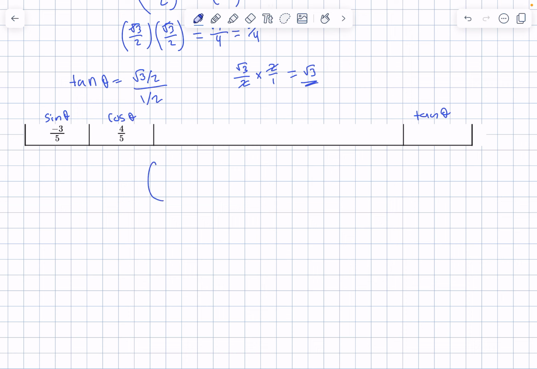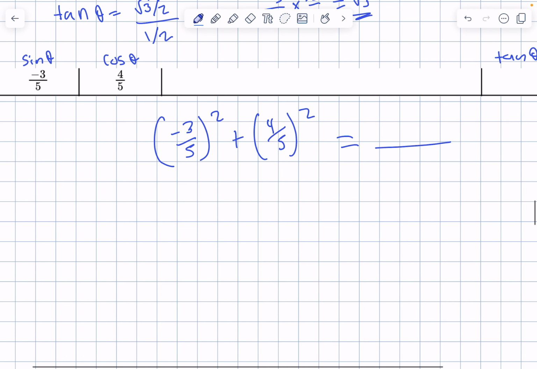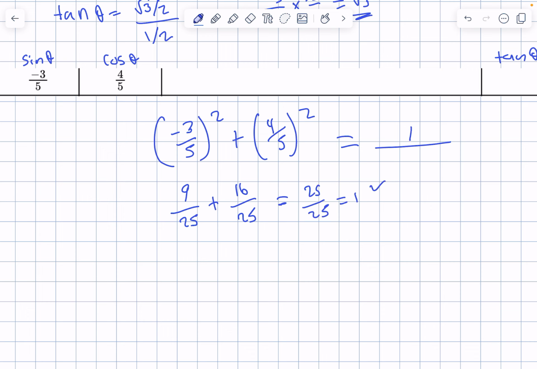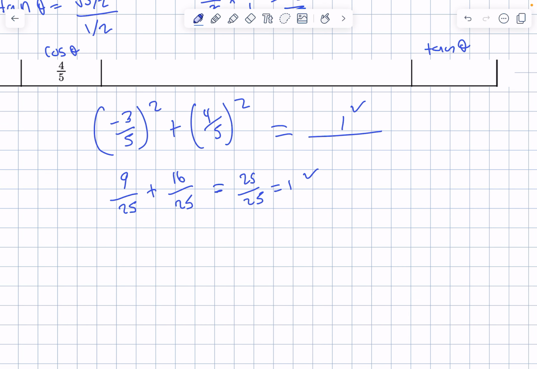It's sine squared, so negative 3/5 squared plus 4/5 squared has to be equal to 1. So here I get 9 over 25 plus 16 over 25, which is equal to 25 over 25, which is equal to 1. If it equals 1, it's a true statement. So that does fulfill the identity.